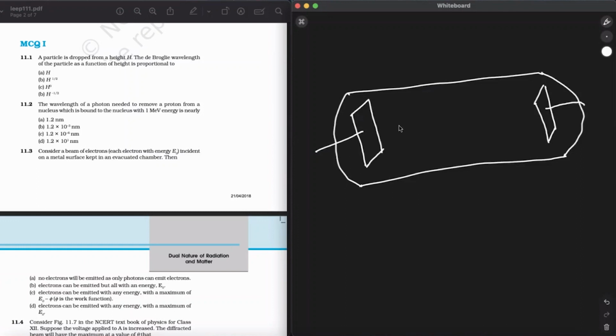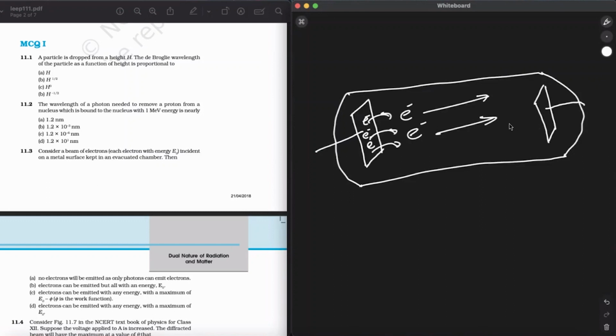The electrons are in this disk, but they get popped out. You know the whole mechanism behind it, so I'm just going to tell you what is happening. It is moving forward and hits this metal plate.